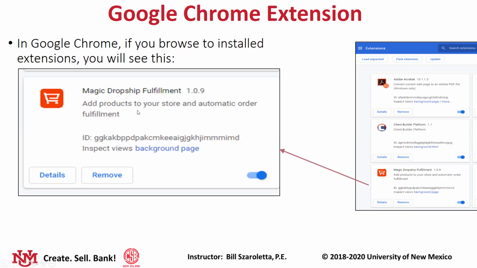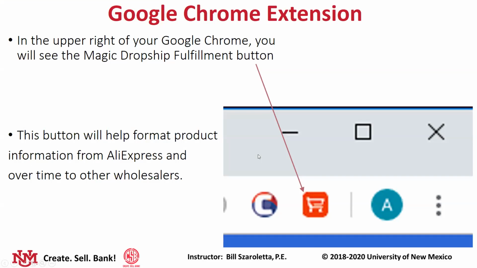And in Google Chrome, if you browse to installed extensions, you'll see this, the Magic Dropship Fulfillment. Now you might have a different version if you do this now. There's the ID that you can search on, and here's what it looks like. So all good. And what you want to see is this little icon here, the shopping cart, and that is the Magic Dropship Fulfillment button.